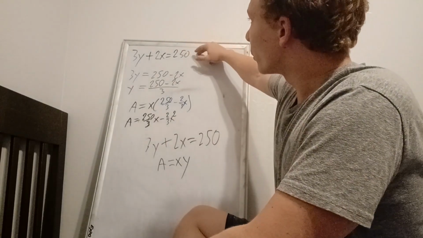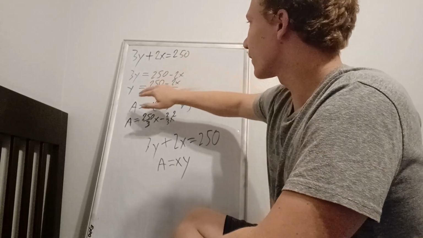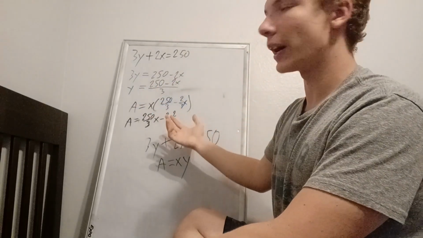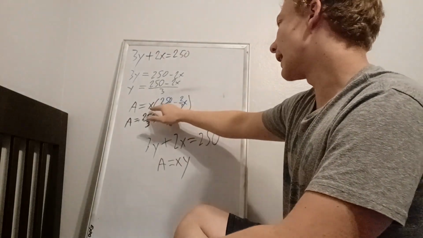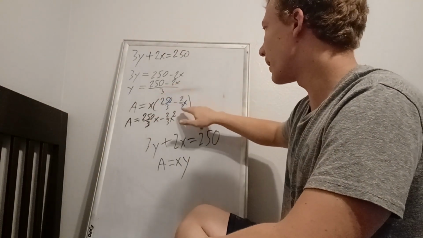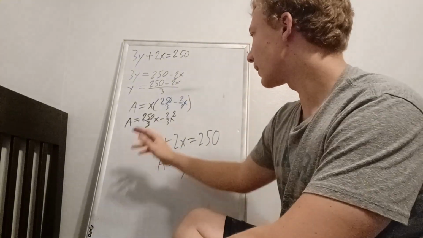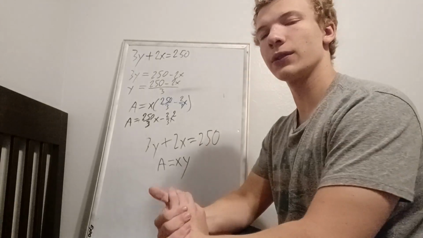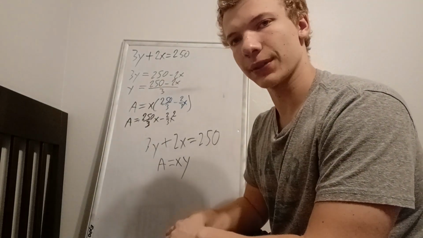So we put it up here, 3y plus 2x equals 250, minus 2x, divide by 3, and we've isolated y. You plug that in for the y in the area equation, you get x times (250 over 3 minus 2/3 x). And so you multiply the x out, and you get that the area is equal to 250 over 3 x minus 2 over 3 x squared.